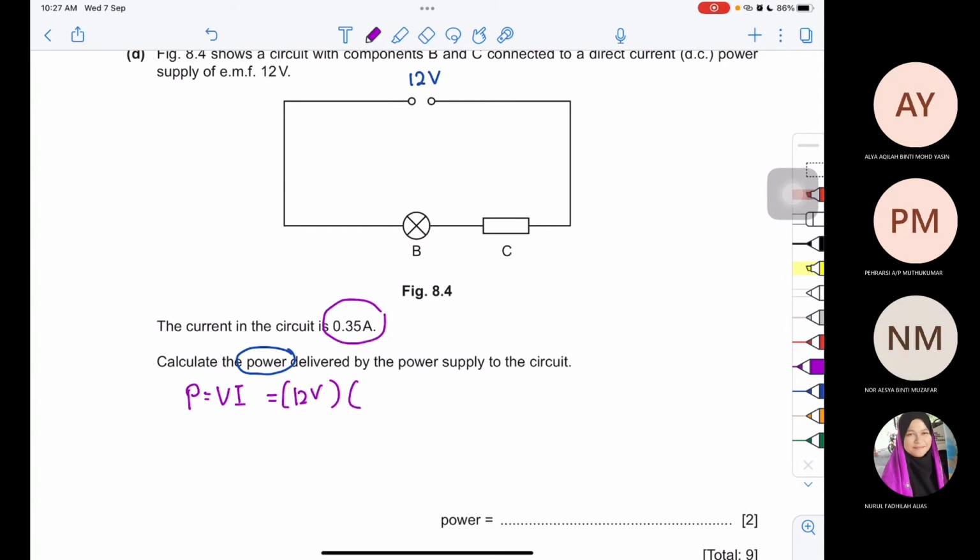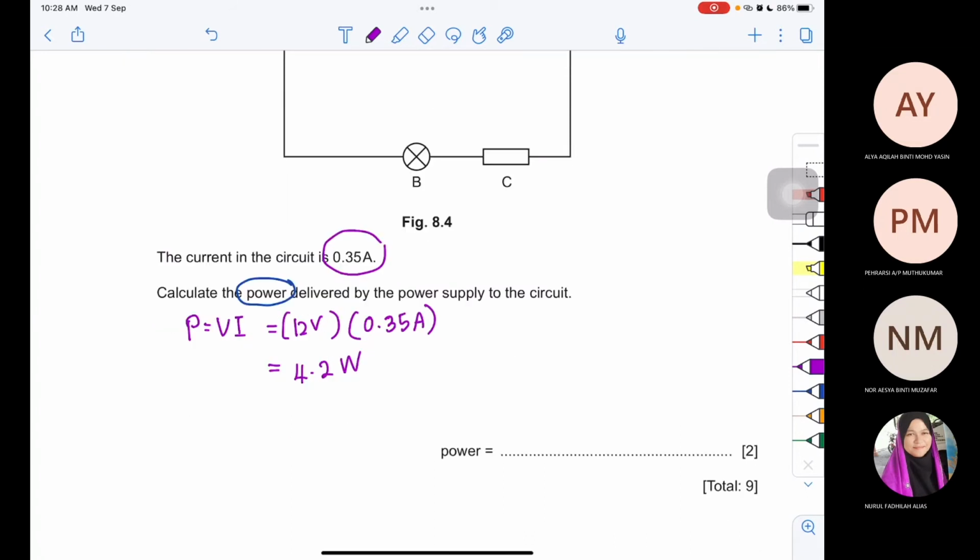If you look at the marks, it's only 2 marks. But if you are stuck and you don't know the formula, you will not get the marks. So you just write the formula, press the calculator, and you get the answer with unit.